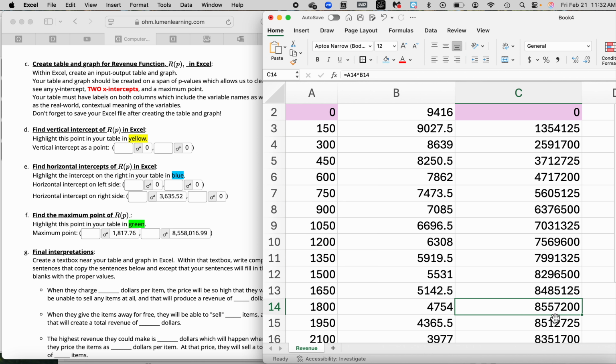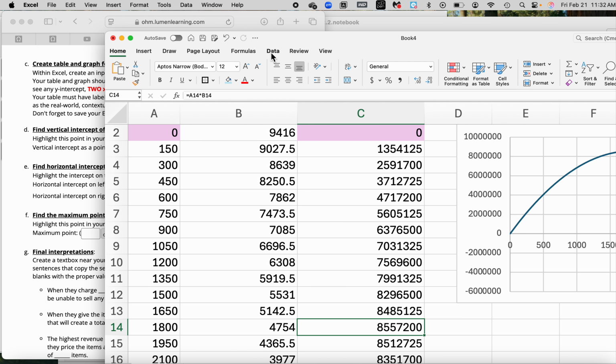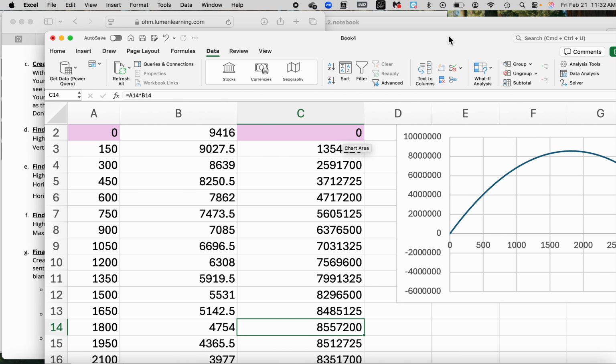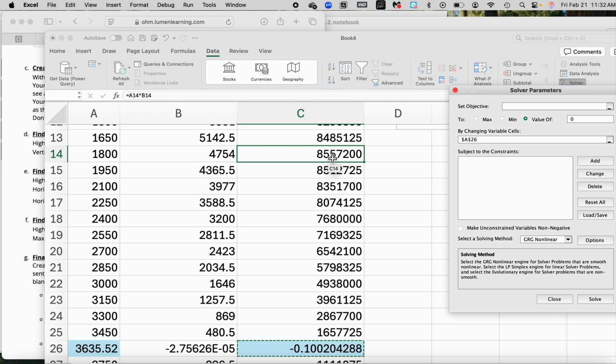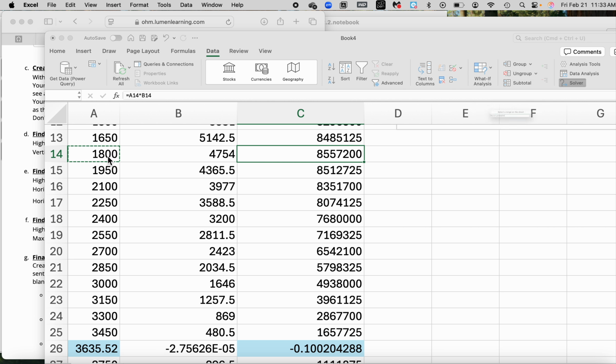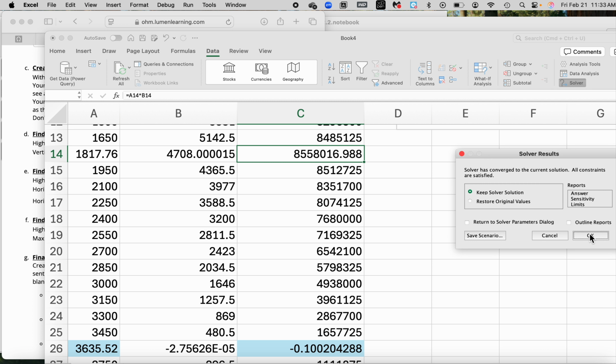I'm going to use Solver to come up with the maximum. So I'm going to say Data, Solver. Now I want to make sure I clear out what I previously had in there. I want to go up to cell, in my case, C14, and force it to be the maximum. The changing variable is the price, so I want to go back to that input column A. And there I go.